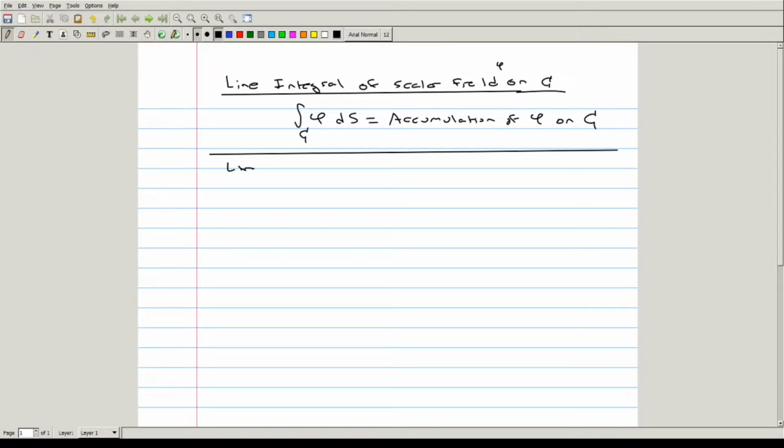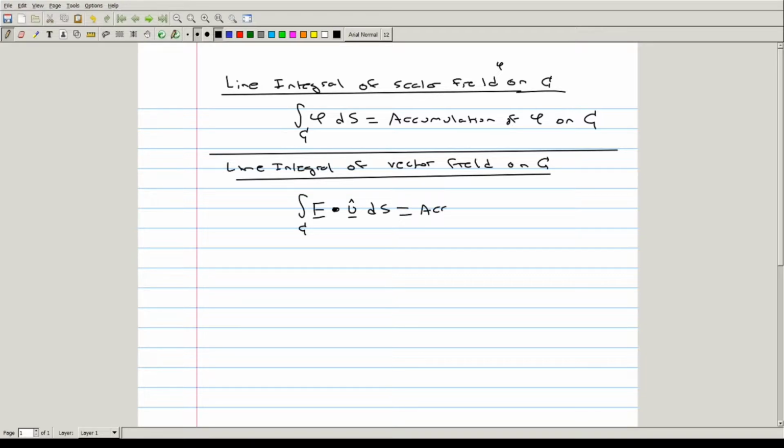And the line integral of a vector field on a curve C was defined as the integral of f dot u hat, the dot product of f with some unit vector along the curve, integrated with respect to arc length.